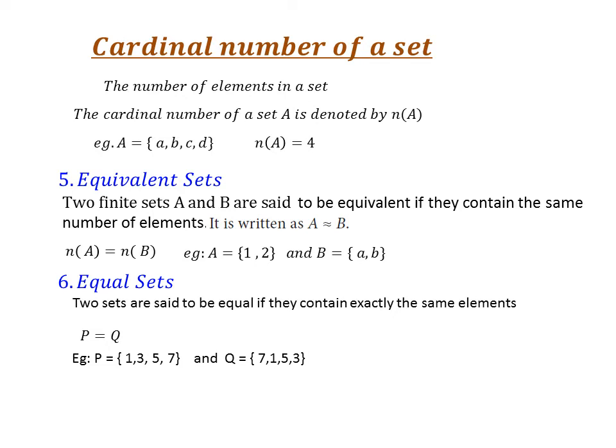The order may differ, but the same elements. 1 is in P and Q. 3 is in P and Q. 5 is also in P and Q. 7 is also in P and Q. So, the same elements, that is equal sets. We can say P and Q are equal sets.